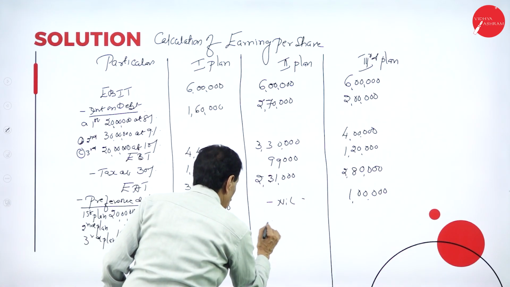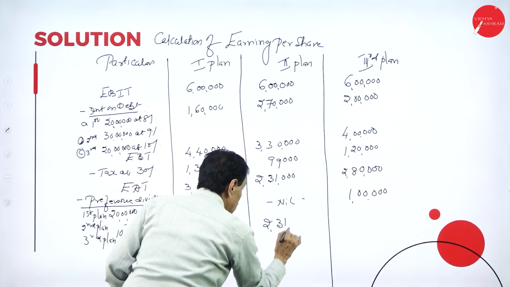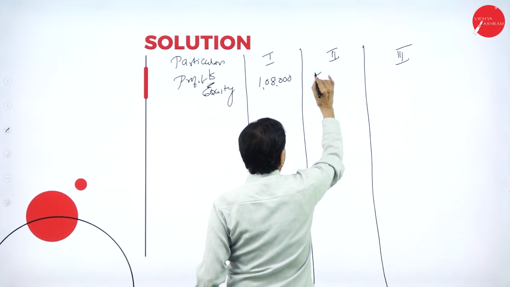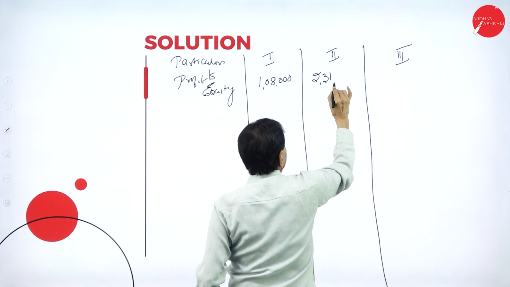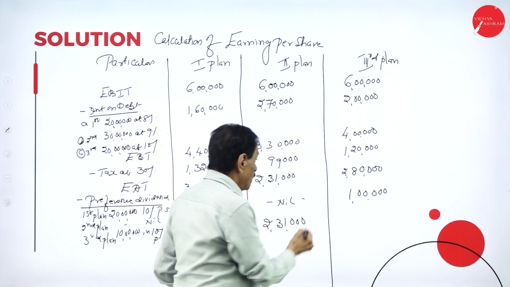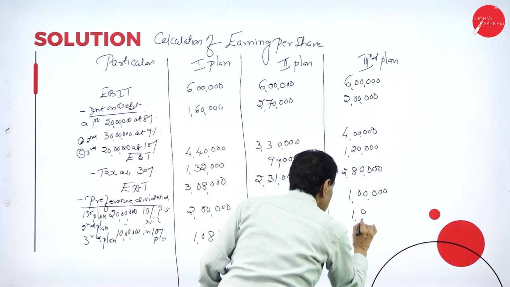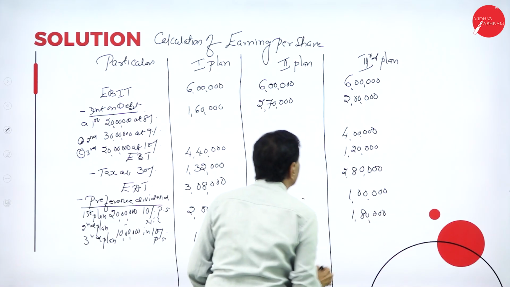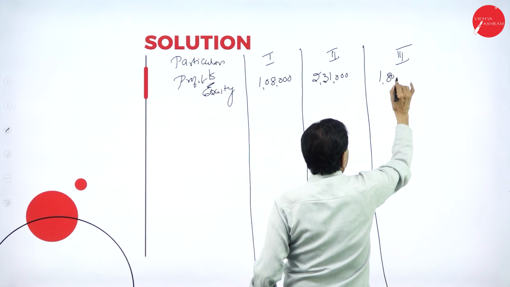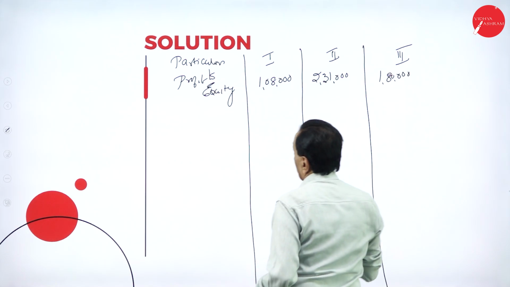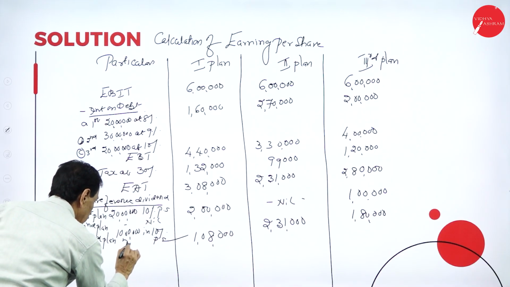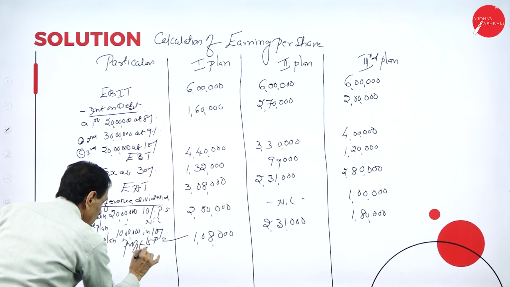Now, 2,31,000. Regarding the C, 1 lakh gone means 1,80,000. This is profit to equity.